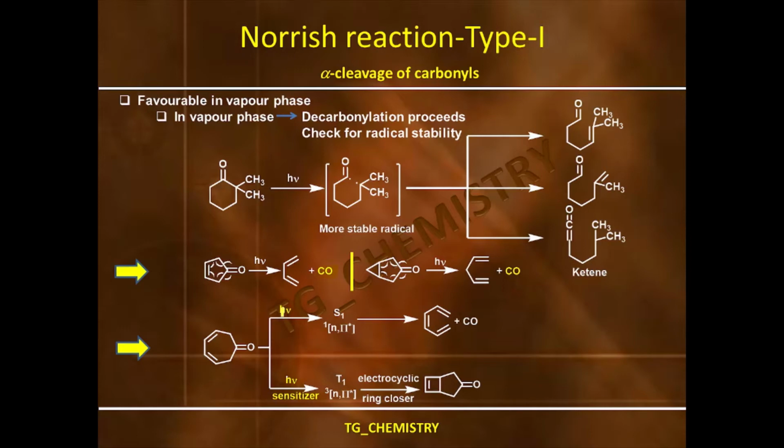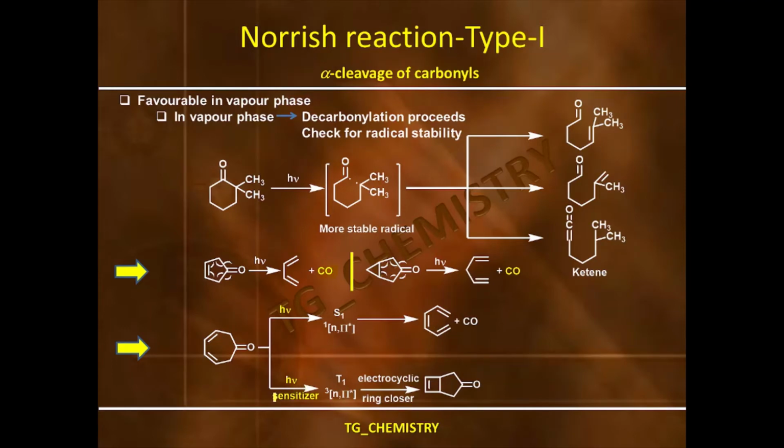But when direct photoirradiation occurs for this cyclic dienone system, the excitation of the molecule from the ground state to the singlet state by the n to pi star transition, and eventually by means of a decarbonylation process, an acyclic triene system can be obtained. So this is one fate of the direct photoirradiation on the cycloheptenyl dienone system.